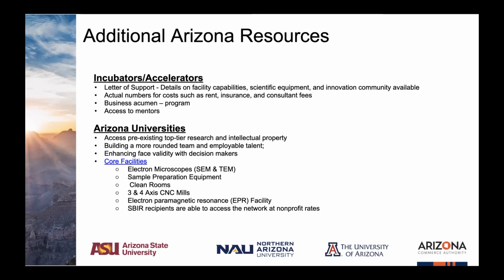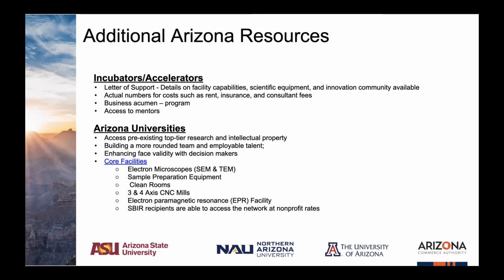The other aspect is Arizona universities, specifically what is known as the Core Facilities Network. The Core Facilities Network is across ASU, NAU, U of A, the Arizona universities, and it is basically advanced facilities, advanced equipment technology that costs millions of dollars in capital funding to produce, that allows you to not have to go and purchase that equipment yourself.